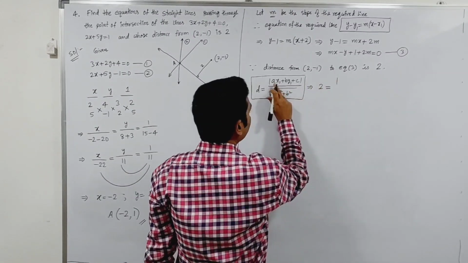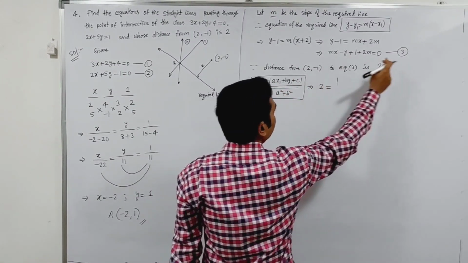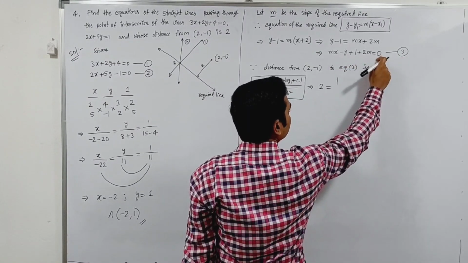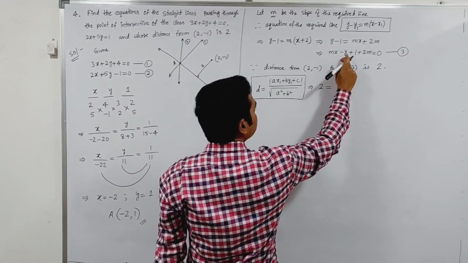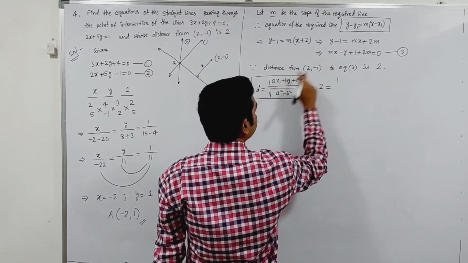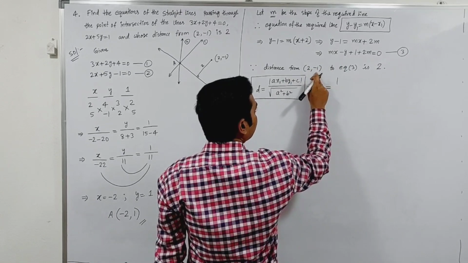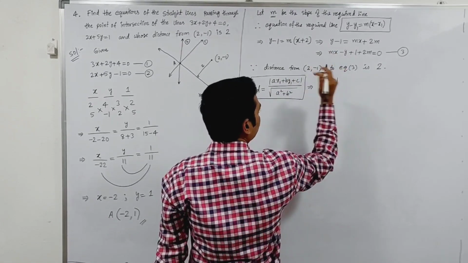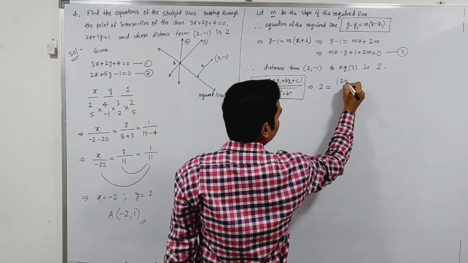Modulus of a means the x coefficient in this equation. The third equation is the line ax plus by plus c equal to 0. Compare with ax plus by plus c is equal to 0. What is the x coefficient here? A is m. This is x1, y1. A into x1, m into 2, that is 2m.